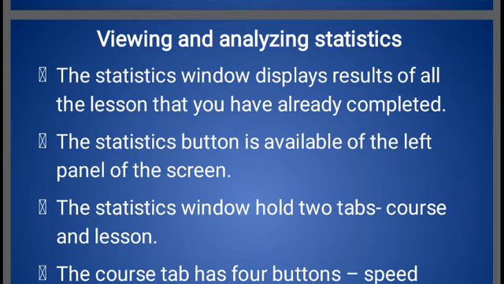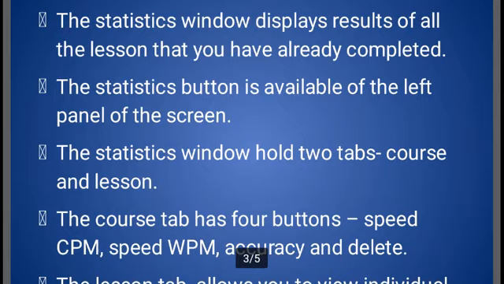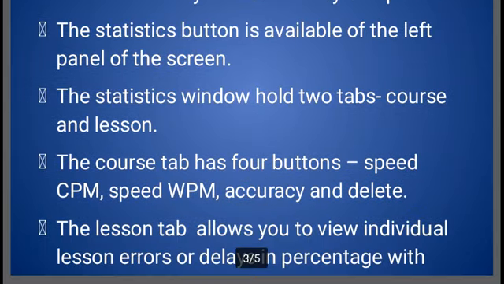The statistics window displays the result of all the lessons that you have already completed. So it keeps your history. That statistics button is available on the left panel of the screen. The statistics window holds two tabs, course and lesson.